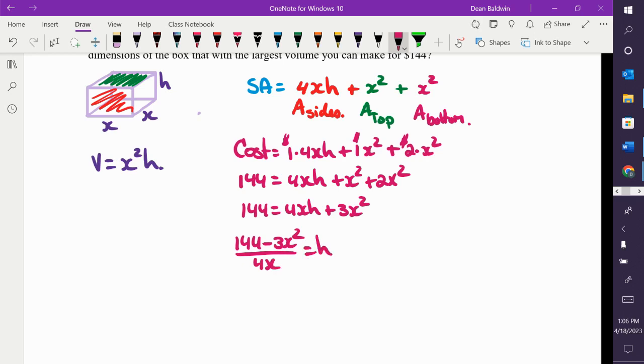There we go. We can clean that up and get 144 over 4, 36 over x minus 3 over 4x.